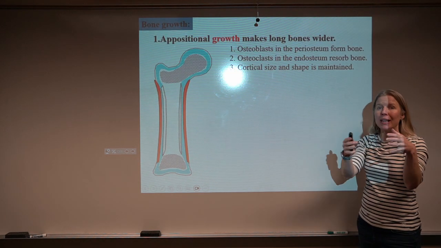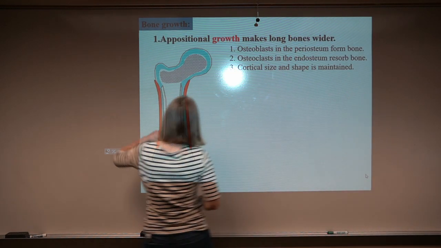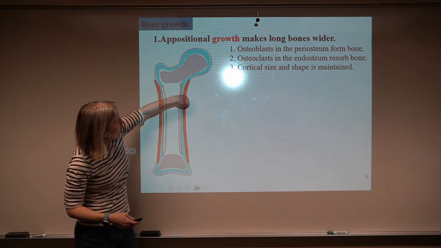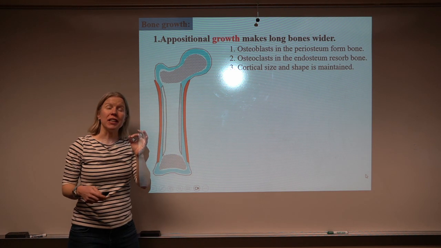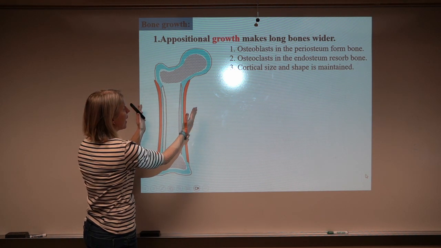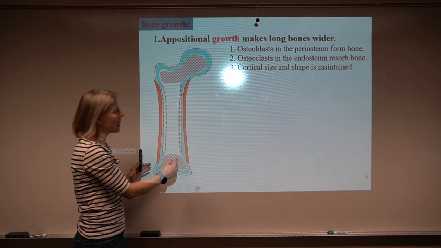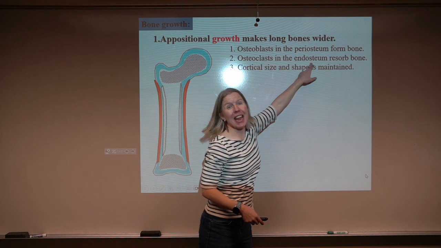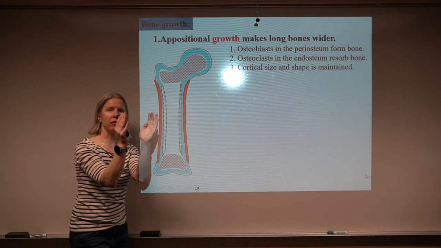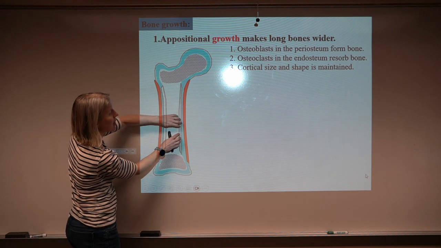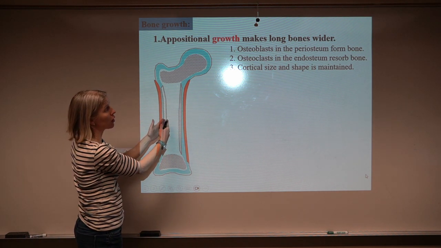Appositional growth is making them wider, right? And so what's happening here is that on the outside, remember that outer covering is called the periosteum. There are osteoblasts there that are adding to the outside of the bone. Around the medullary cavity, we had an endosteum, that's the covering of the medullary cavity from the inside, and there we have osteoclasts actually pulling that bone apart, right?